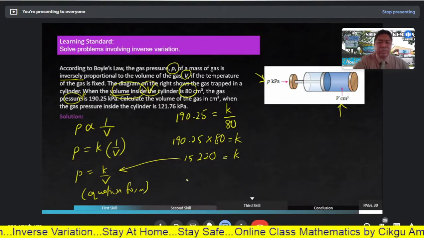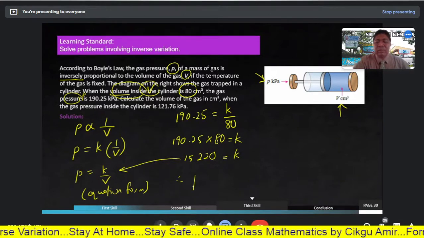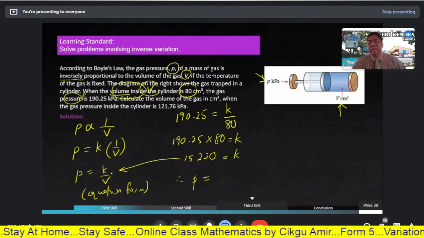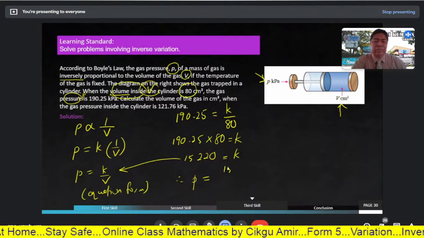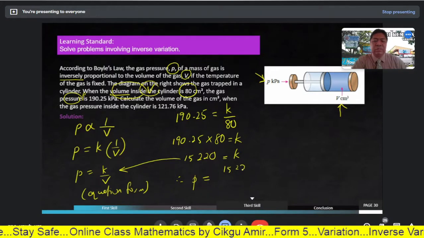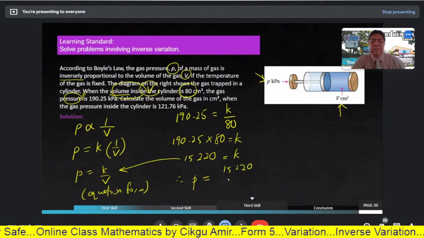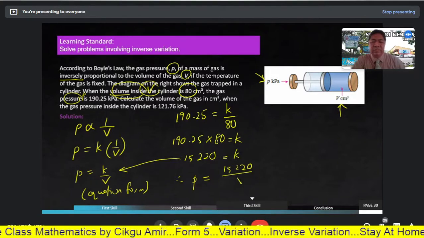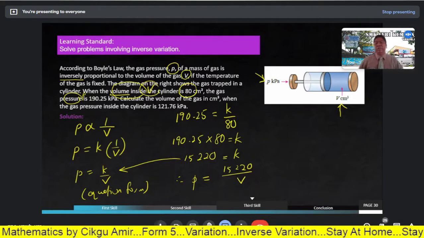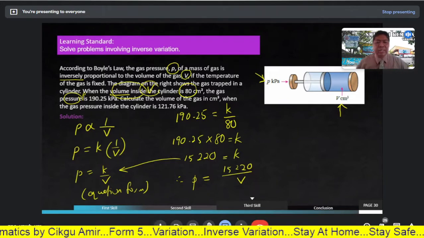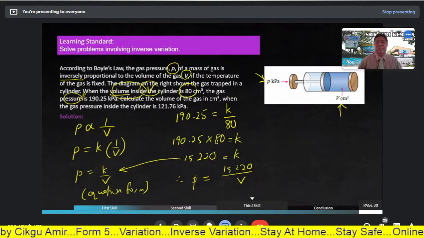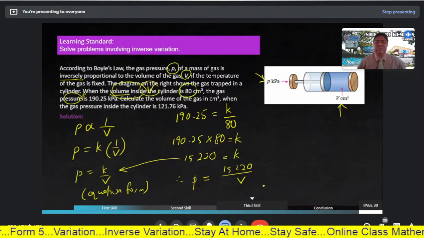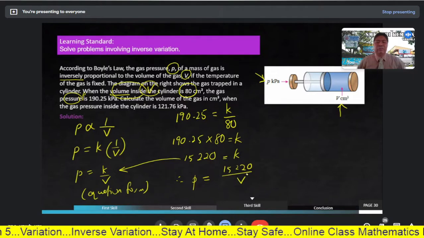So we have P equals k divided by V, where k is 15,220. V is V. We only change the value of k here. K is constant. So this is the final equation between P and V.